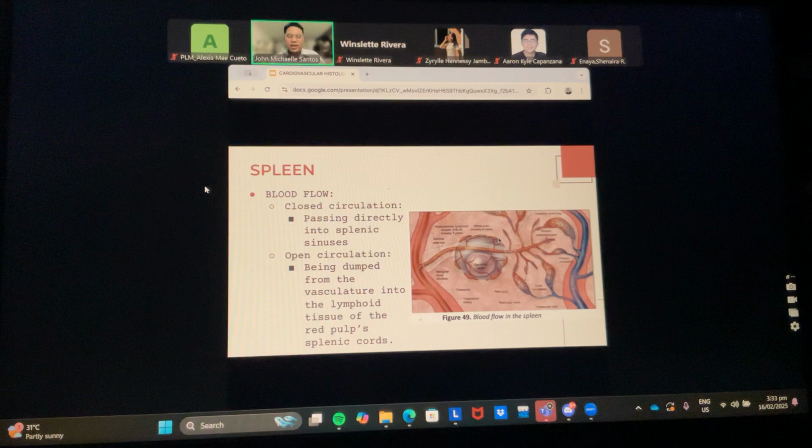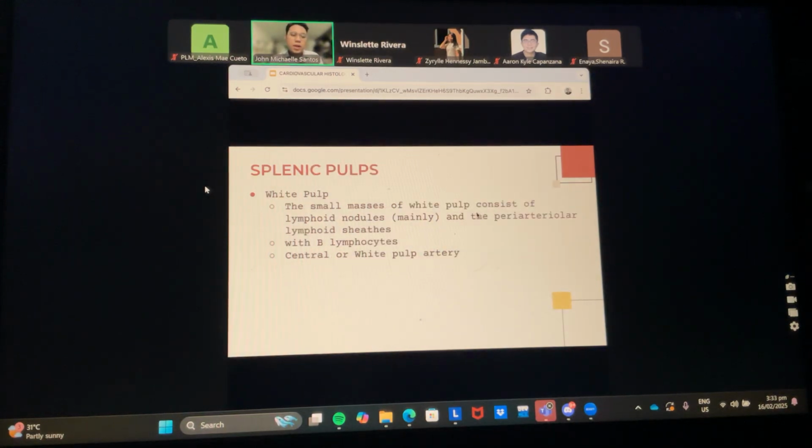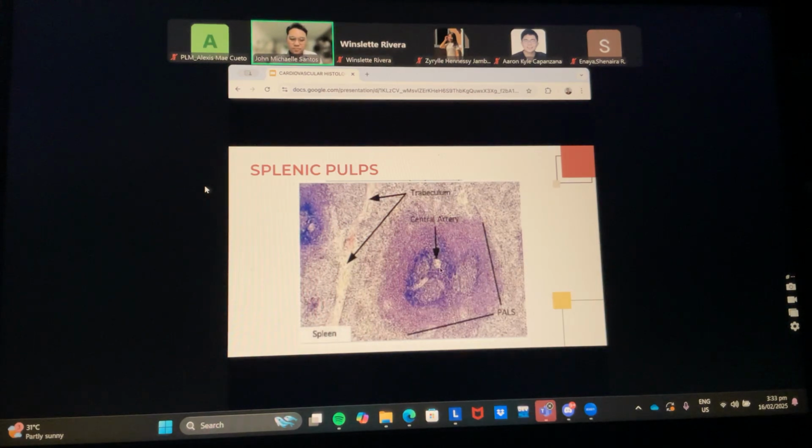Heme and iron pala, because heme and iron is your hemoglobin. So the white pulp, it is a small mass of white pulp consists of your lymphoid nodules and then periarteriolar lymphoid sheets with B lymphocytes and so it is made up of your white or central pulp artery. So ito siya. This is your white pulp.